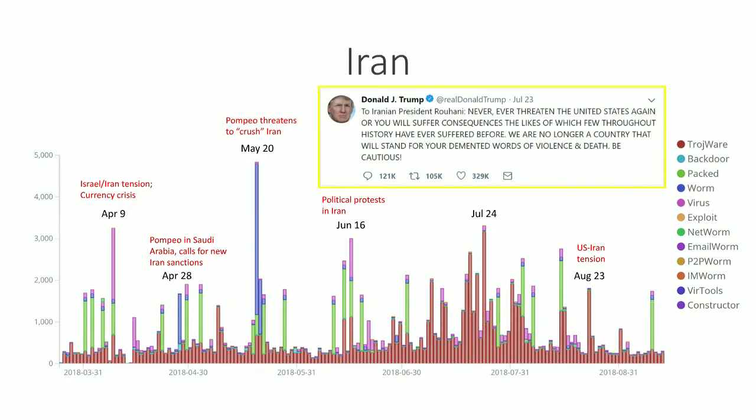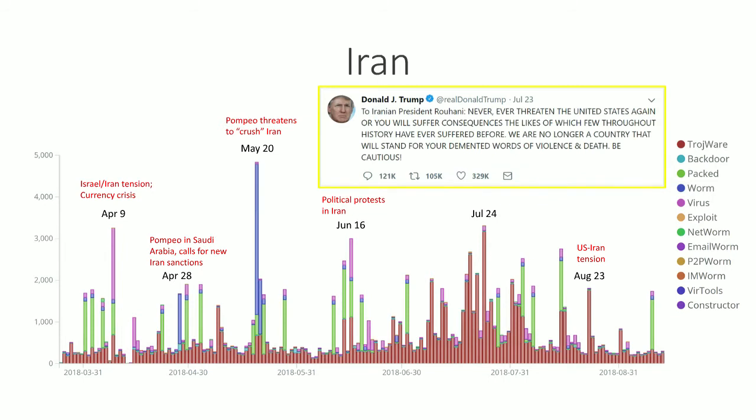On July 23rd, it's the infamous tweet from Donald Trump to the Iranian president that if you don't behave, your country will suffer consequences the likes of which have never been seen in the history of the planet, etc., in all capital letters, right?